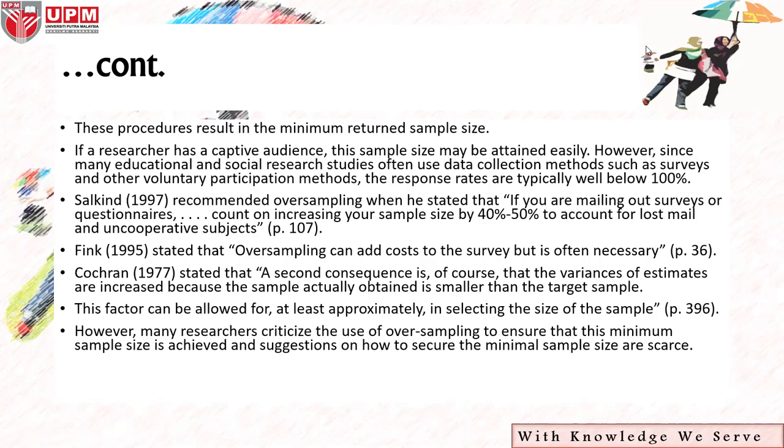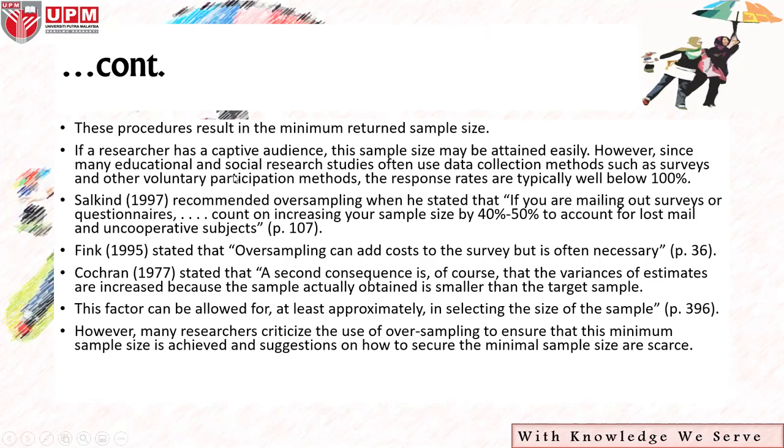So the question now, how many should we increase from the suggested sample size? Sebab tu Salkin 1997 recommended oversampling when he stated that if you are mailing out surveys or questionnaires, count on increasing your sample size by 40% to 50% to account for lost mail and uncooperative subjects.